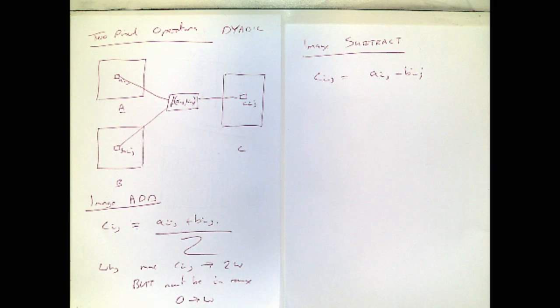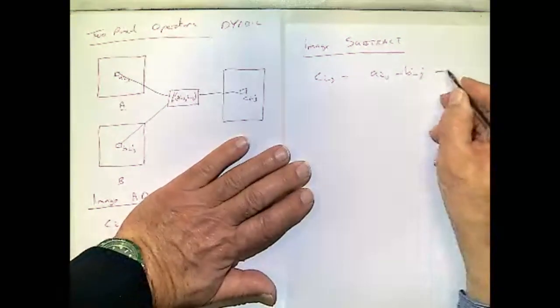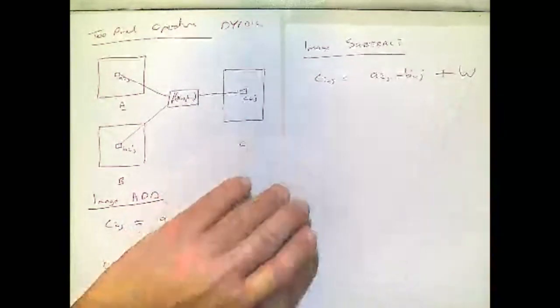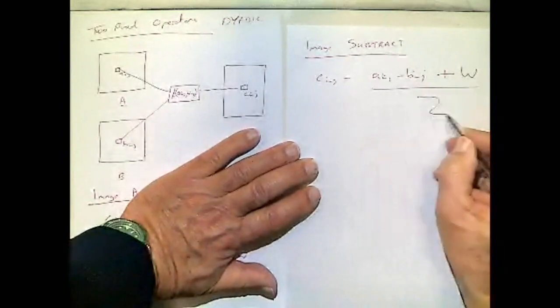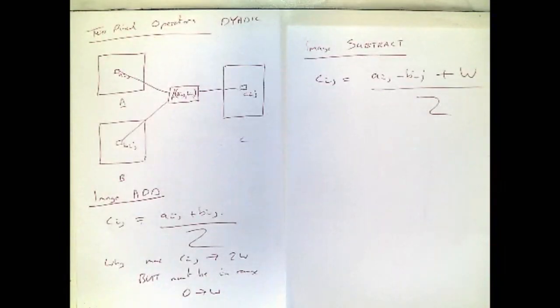So the correction factor: if it's minus W to plus W, if I add W to it, the range is going to be 0 to 2W, because I want 0 to W, divided by 2. And so that is the correction factor for subtraction, which is a form of inverting an image.